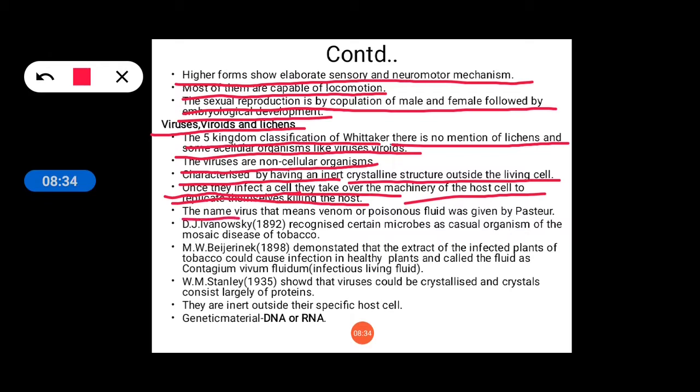The name virus, which means venom or poisonous fluid, was given by Pasteur. So who gave the name virus?